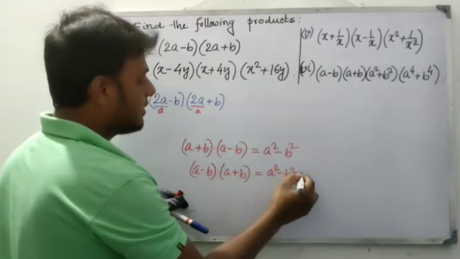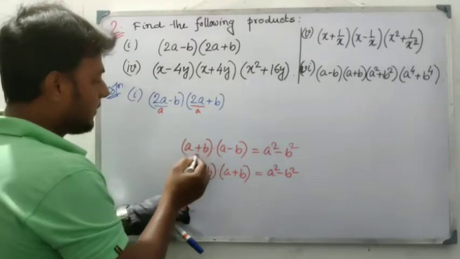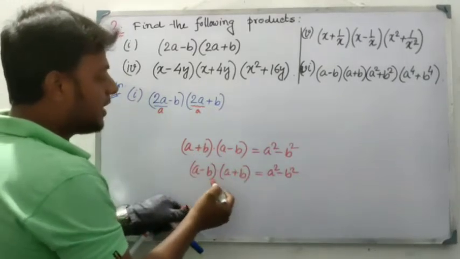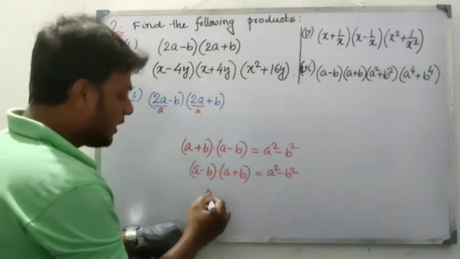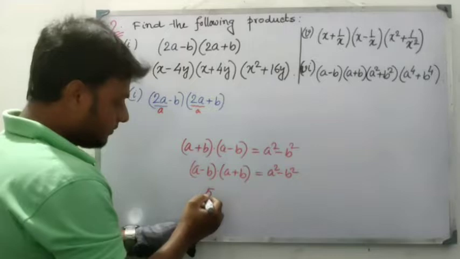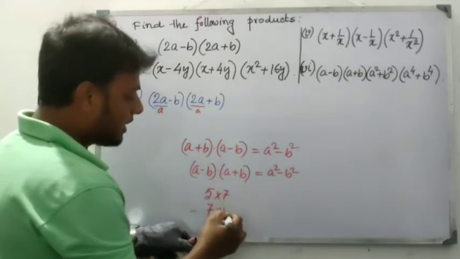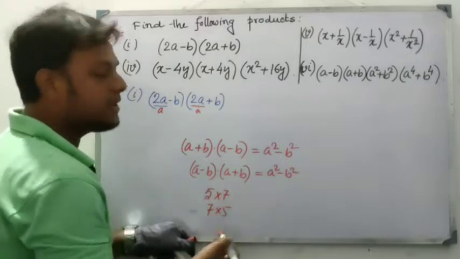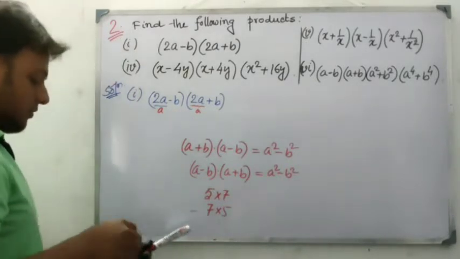Why? Multiplication is commutative actually. How? Suppose if I consider an example, 5 into 7 and 7 into 5. These two are same thing. 5 into 7 is 35 and 7 into 5 again 35. Did you get it?